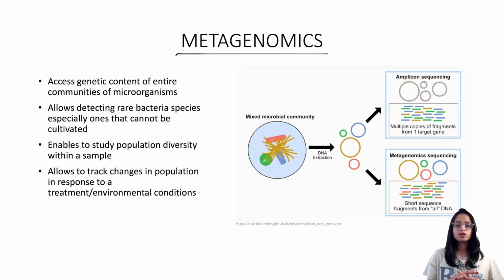Metagenomic sequencing involves targeted metagenomics. This method targets a specific region of a genome, that is 16S rRNA or 18S rRNA, that is shared across multiple organisms and samples. It also involves shotgun metagenomics, which basically sequences everything in the sample.